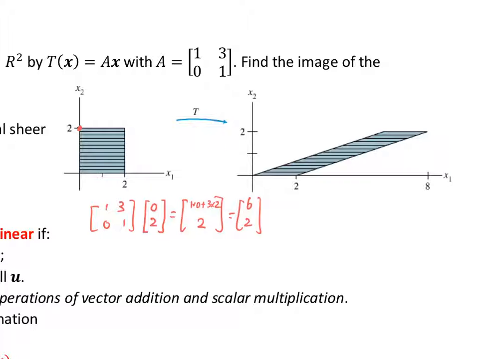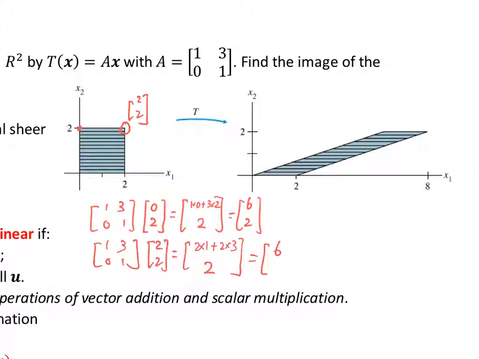Let's take a look at the other points. Say this point, this is 2, 2. So it's going to be 2 times 1 plus 2 times 3. The second one is 2. So you get 8, 2.